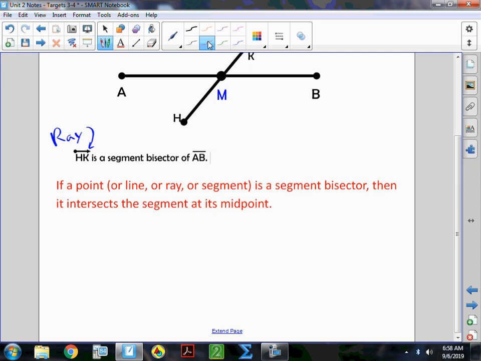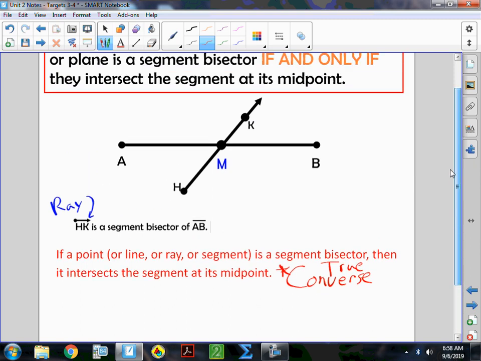First, let's just say also on this that the converse is true. That means if I know a segment or a ray like HK goes through the midpoint of segment AB, then I know that that ray qualifies as a segment bisector.